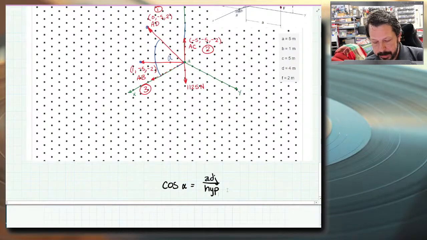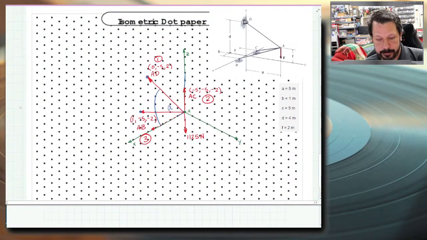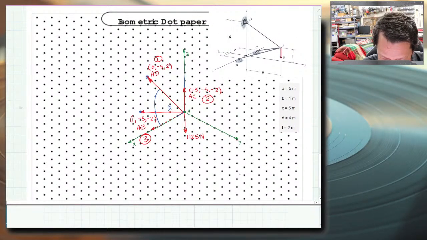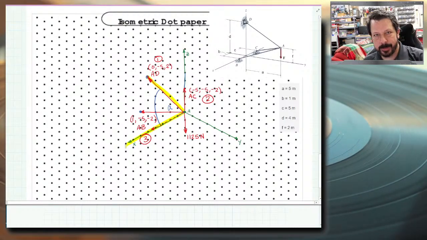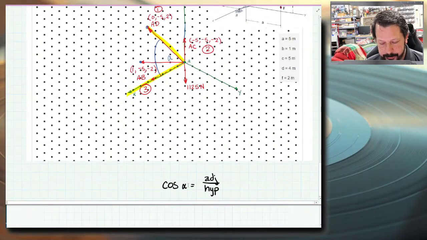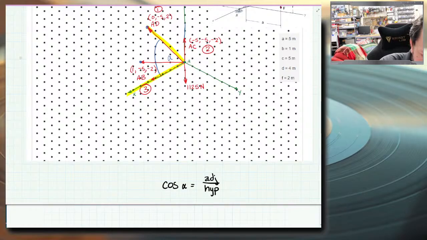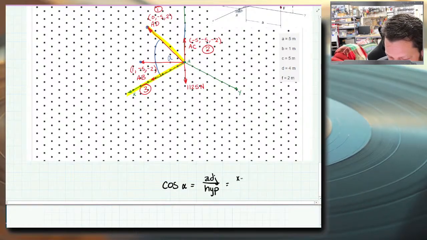And that's the hypotenuse of, in this case, I'll try to isolate the thing we're talking about here. So here's the force we're dealing with. We want to project it onto the x-axis, and so we've created this tilted plane, and we've got this alpha angle that I've drawn. So cosine of alpha equals the adjacent side, which is the x component, in this case, of AD.